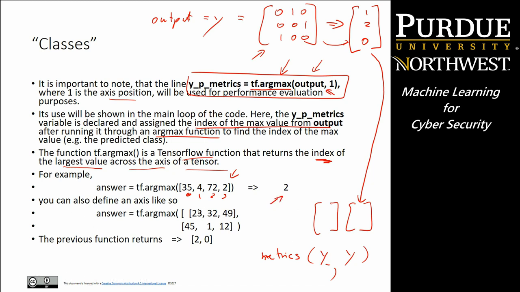Okay. You can also define an axis like so, you can have an axis that looks like that. And that would be this. So now, since I think you do understand argmax, if you apply argmax here, we're saying that across this axis, we would get the index of the maximum value. So for the first row, what is the index of the maximum value?